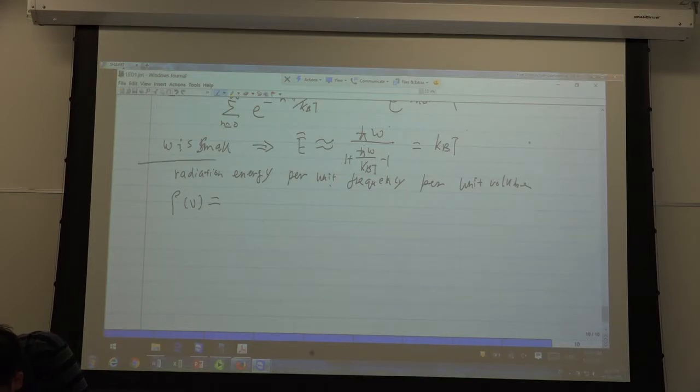Finally we get this black body radiation law, which is just the LDOS, the number of modes, times this average energy. And finally we get this: 8 pi h v cubed over c cubed, times 1 over e to the h v over kBT minus 1. We get this equation.